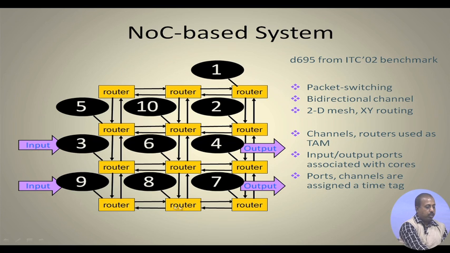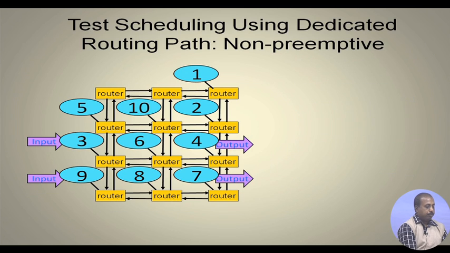It will come to this router, be delivered to core 8, and from core 8 the response will again be loaded into this router, destined to core 7 via this router, and that will connect to the output of the ATE. So this way two test sessions can go on parallelly.